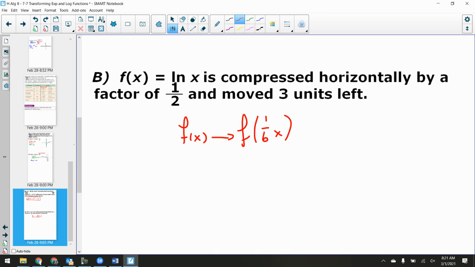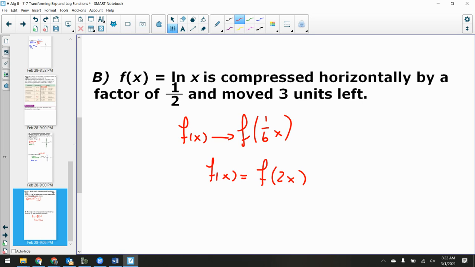So that means that if I've got a horizontal compression by a factor of 1/2, f of x is going to turn into f of what? Flip it, 2x. Okay, that's a horizontal compression by 1/2. You got to take the reciprocal of that value. That's the only tricky part today.